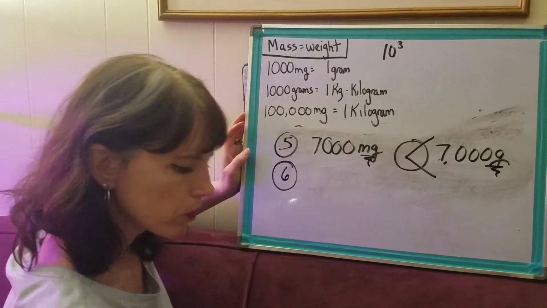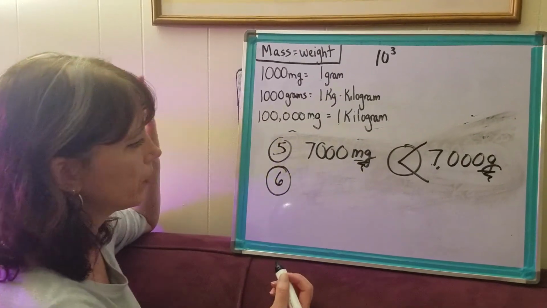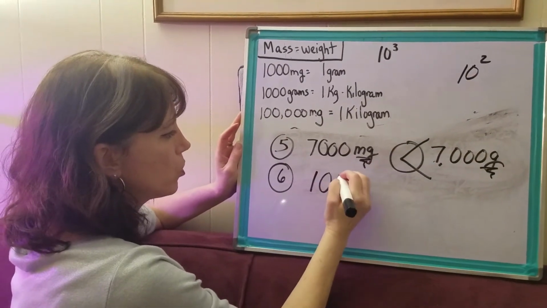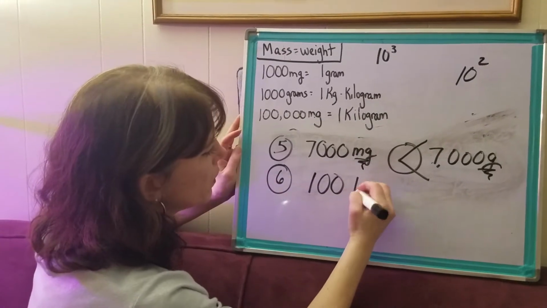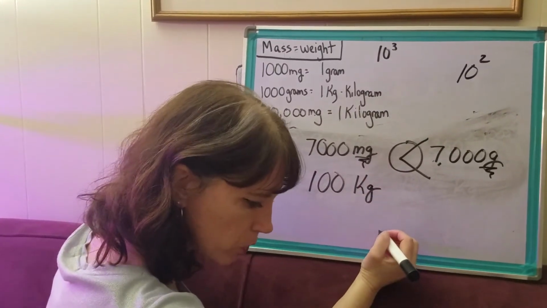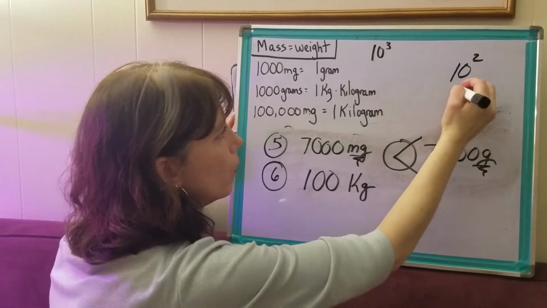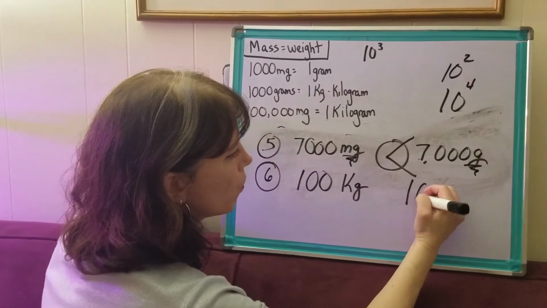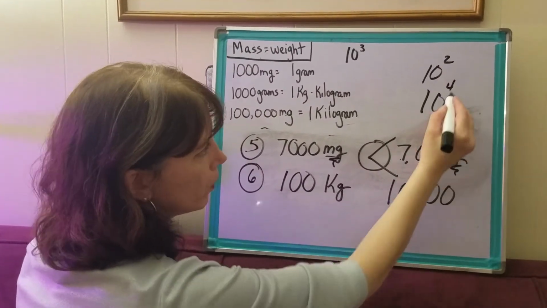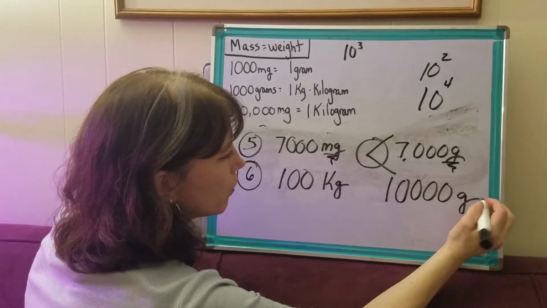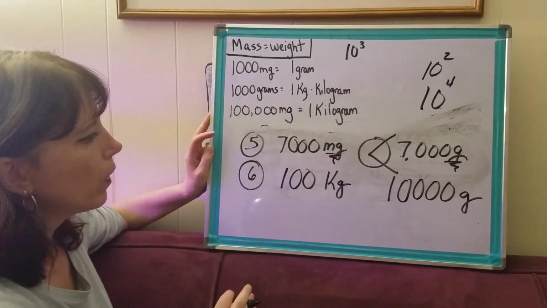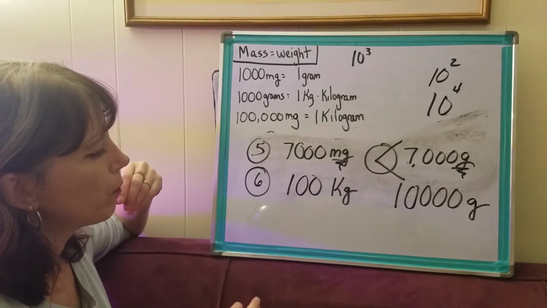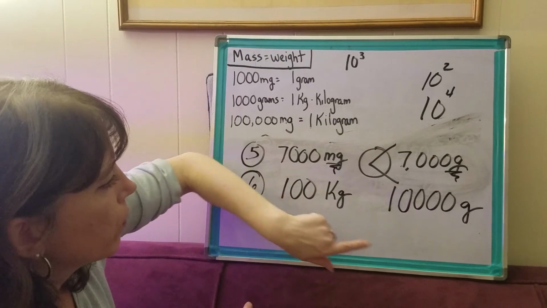Let's look at number 6. Okay, 10 to the second. You know what 10 to the second means, right? 10 to the second simply means 2 zeros. Okay, so 10 to the second kilograms compared to 10 to the fourth power of grams. So 1, 2, 3, 4, because that's what that means, and we're working in grams. Okay, so now I know that I need to multiply by a power of 10 in order to get from kilograms to grams.